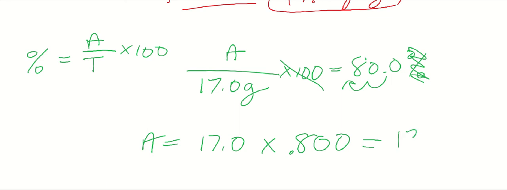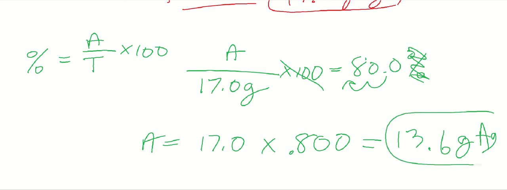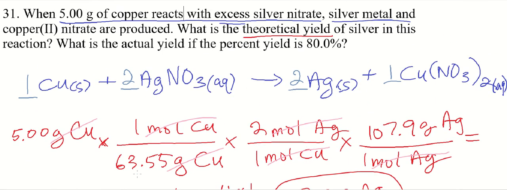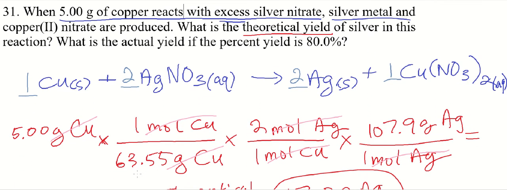All right, so the answer to the second part is 13.6 grams of silver was actually produced. We could have gotten, if everything was perfect, 17 grams, but we actually only produced 13. That's not uncommon. Rarely do you get 100% yield.